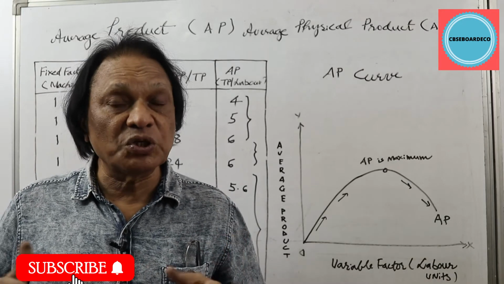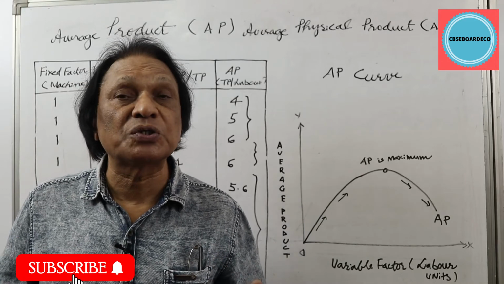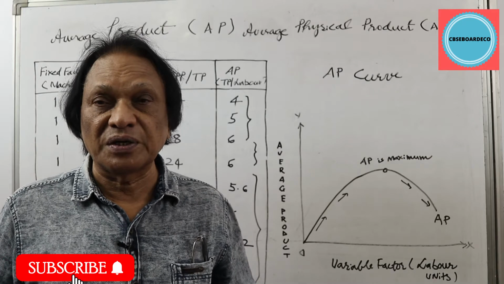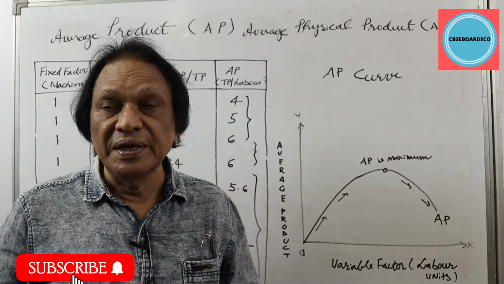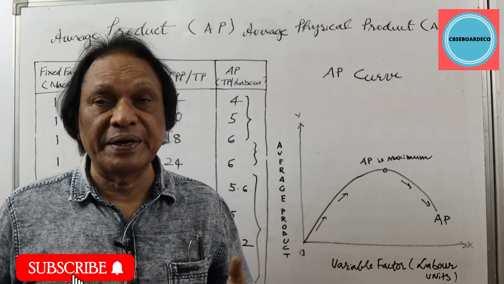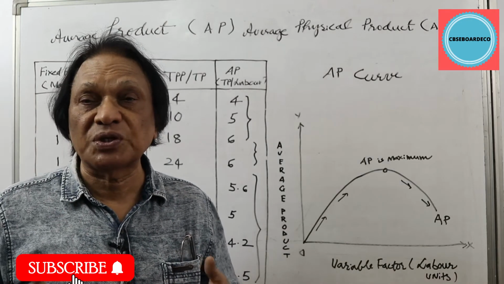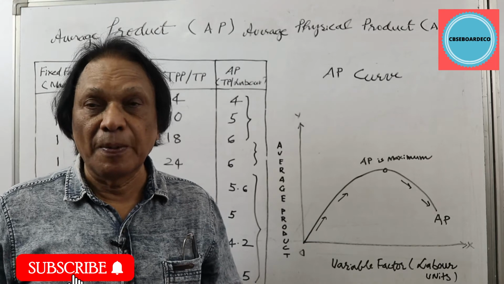If the firm wants to increase production, it can do so only by increasing the variable factors of production. It can be raw materials, labor, electricity. In the production chapter, we mostly take labor units.